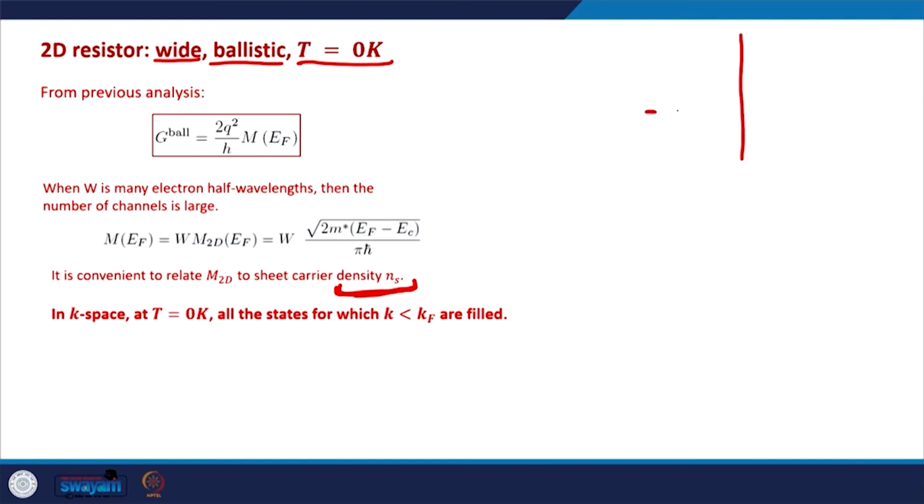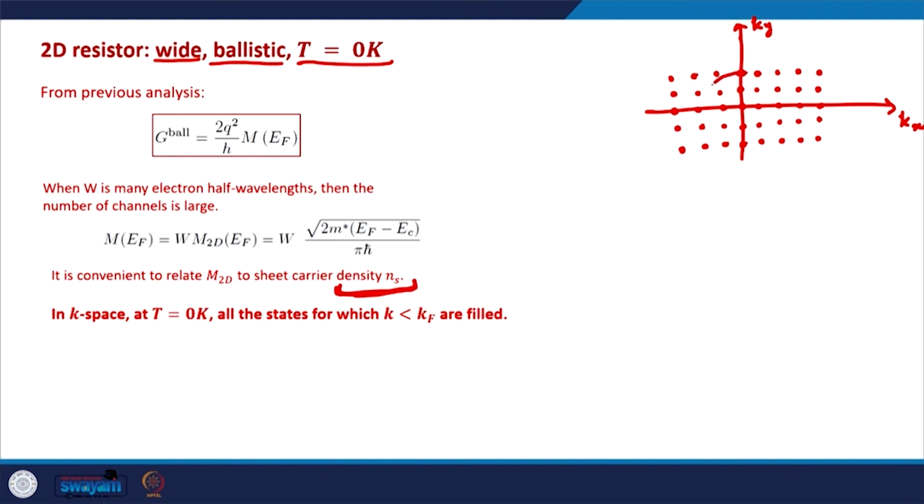In the k space, if you recall from our discussion on the density of states, this is the k space, kx. These are the allowed k points in a 2D conductor. Allowed points mean that the electrons can have valid wave functions at these k values.